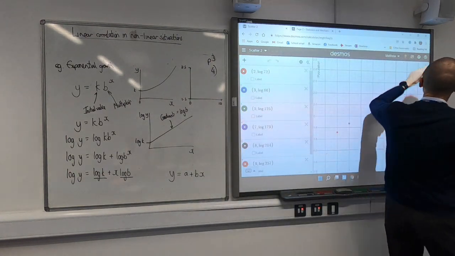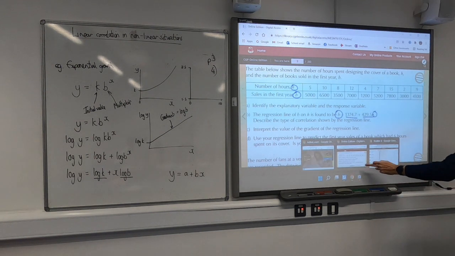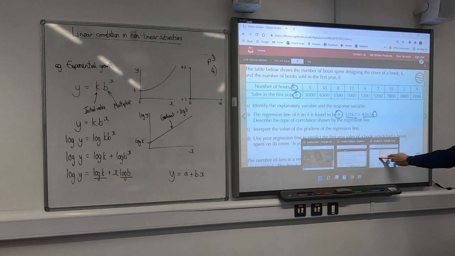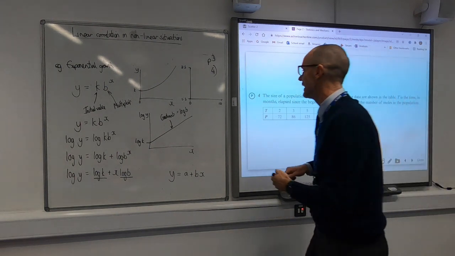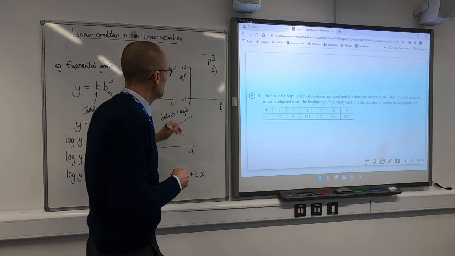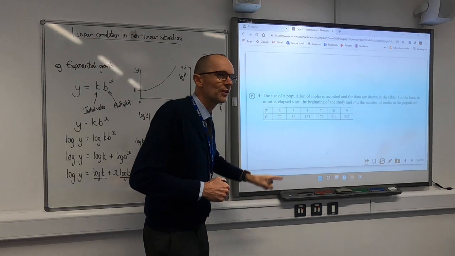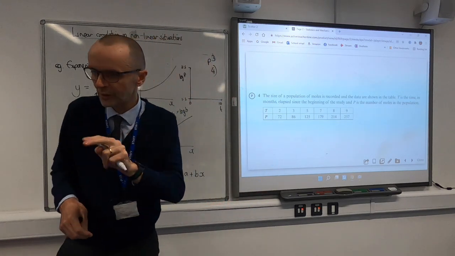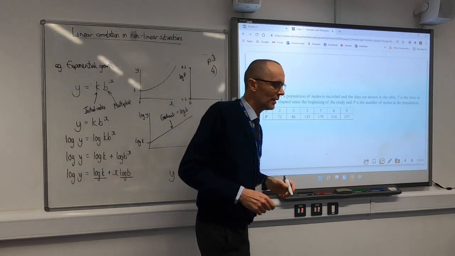And I want you to plot, sorry, it's t, isn't it? So we've got t, and this is going to be the log of p. So I want you to plot this value, 2, and the log of 72. So you're just going to type log 72 and plot that point there. And you're going to plot 3 and log 86.